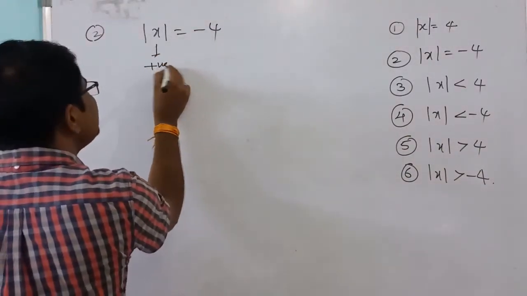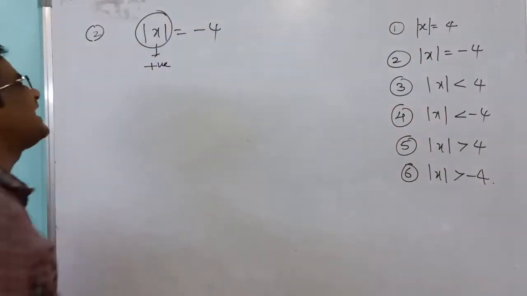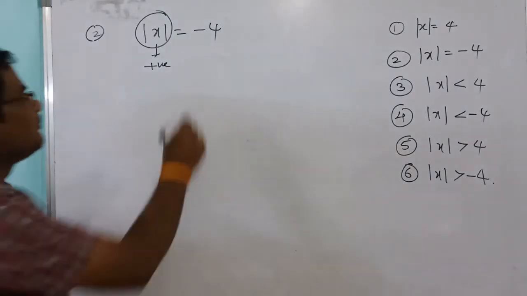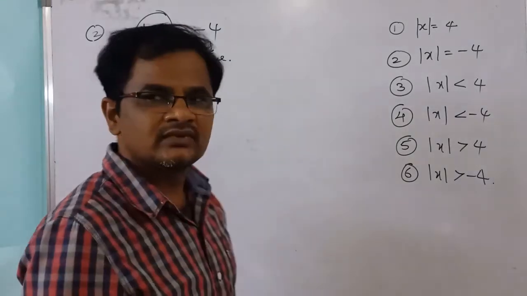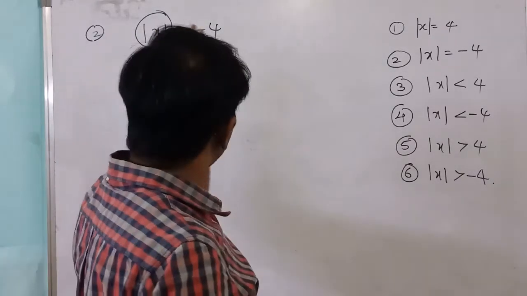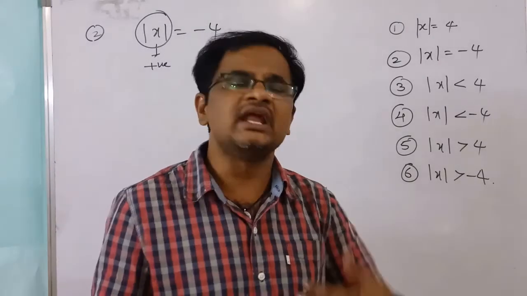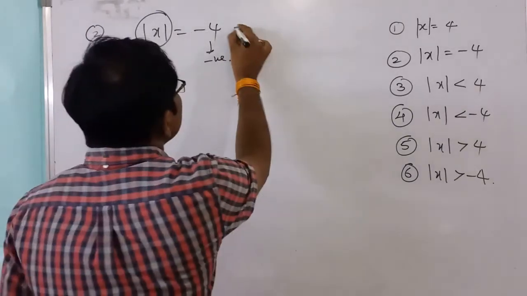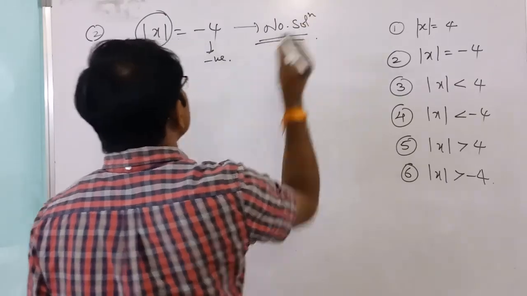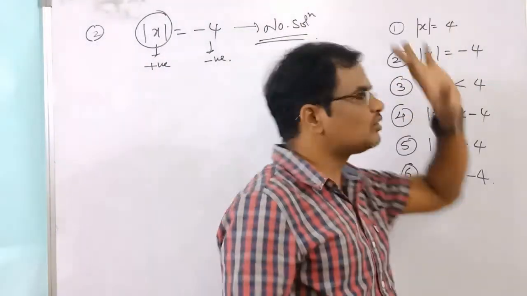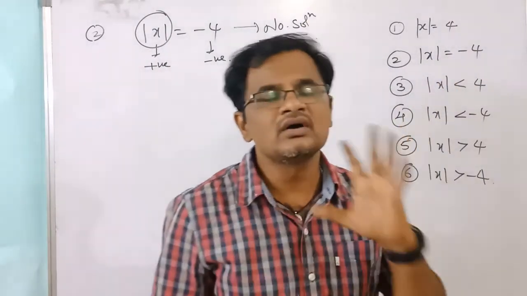Means it is positive. But the right side, RHS, is negative. Is a positive equal to a negative value? Never. So that's why there is no solution for this equation.